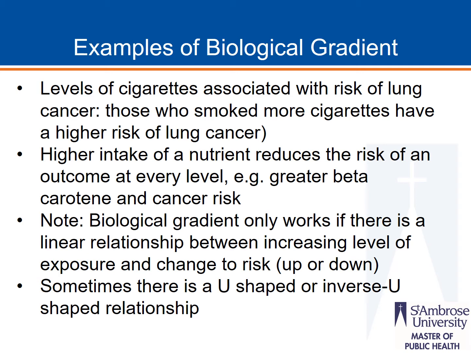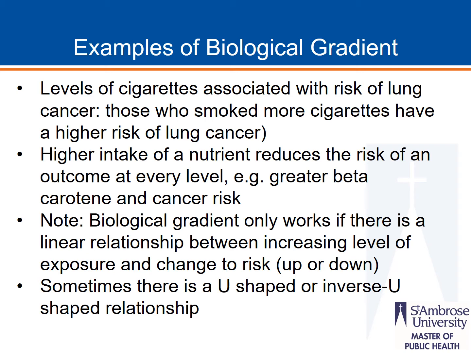So if you have, for example, greater beta-carotene intake and reduced cancer risk at every level. Just be aware that biological gradient only works if you expect a linear relationship between increasing level of exposure and the biological relationship to risk.